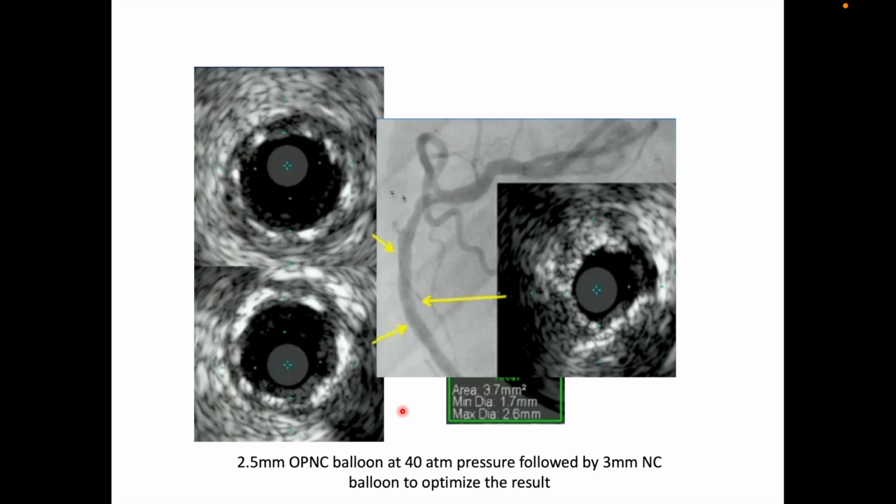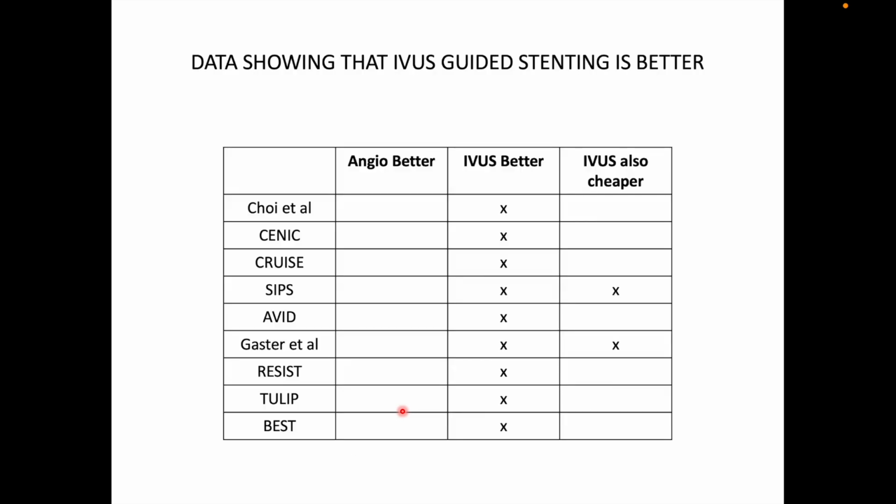The purpose of using OPN is to create cleaves or break lines on the inner side in the intima, and once that happens, you can use a non-compliant balloon of 1-to-1 size and expand the vessel. But at 40 atm pressure, I don't want a 1-to-1 size OPN. This is my personal practice. I tend to undersize the OPN.